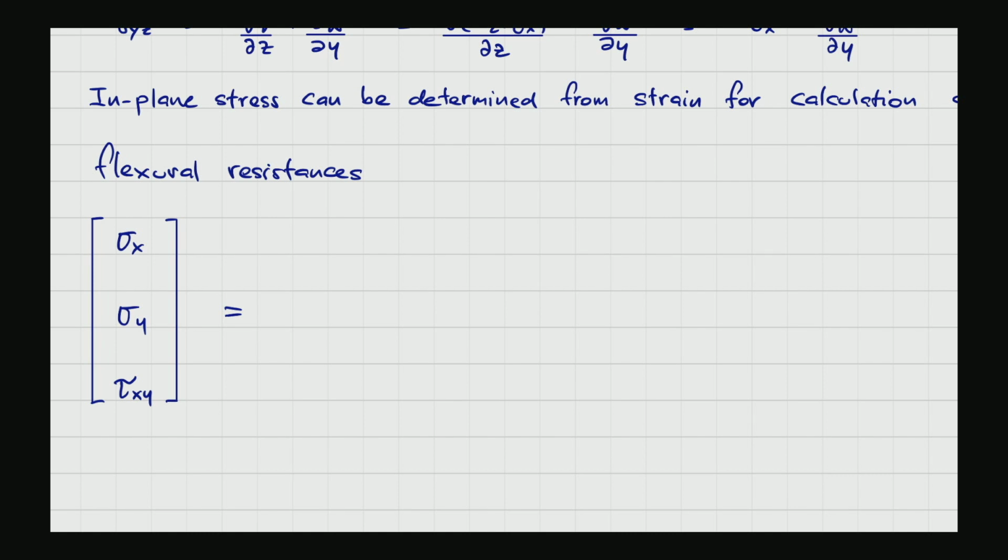So the rigidity matrix to be used for this problem, we are adopting the plane stress condition rigidity matrix, and here it is: 1, Poisson ratio nu, 0, nu, 1, 0, 0, 0, and (1 minus nu) over 2.